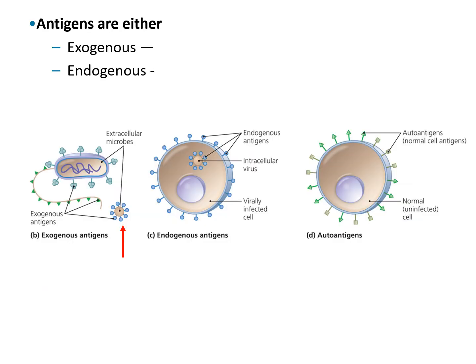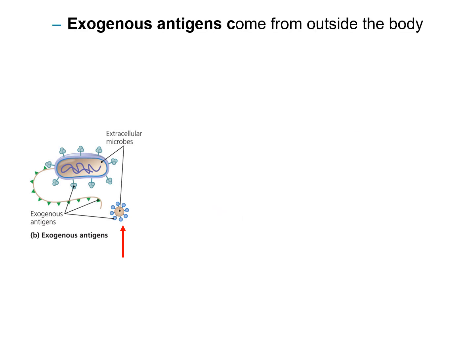The antigen can either come from outside or inside, so it can be either exogenous or endogenous. Exogenous antigens come from outside of the body. For example, in the picture, we're looking at a bacteria and a virus.